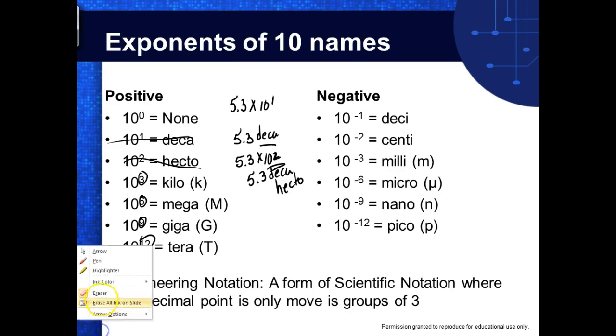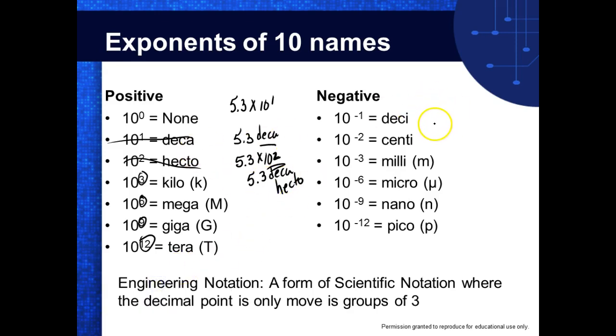So what that means is if I was to come over here and have a very large number, I'm going to start moving this, but I'm only going to move in groups of 3s. And I would go 1, 2, 3, 4, 5, 6. Everybody okay?